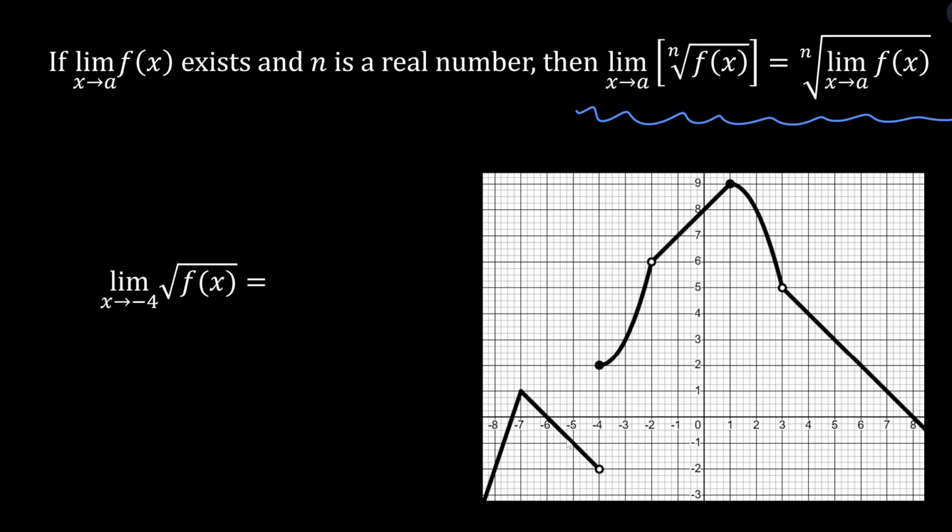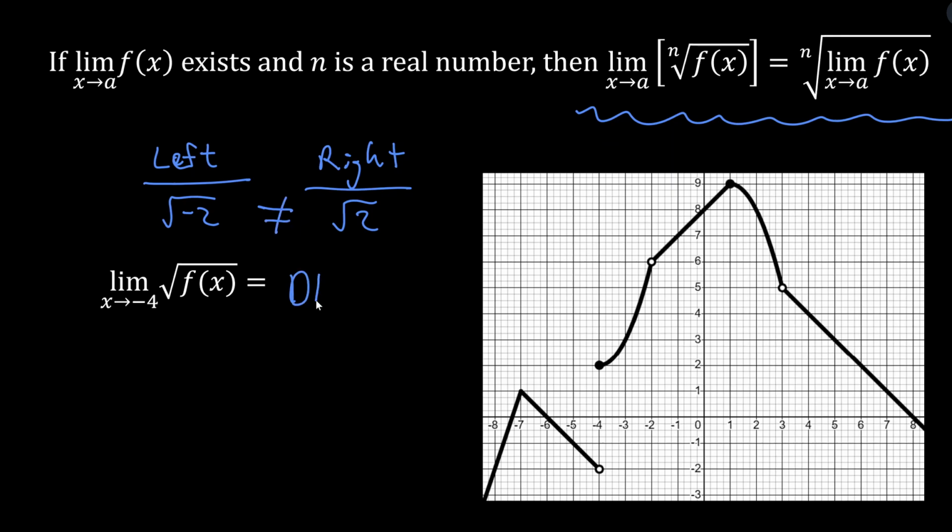And what's happening to the left, it's going to approach the square root of -2, which is a complex number, right? So the left limit and the right limit of this new function are different. The left limit isn't even a real number, right? From the left, we're approaching the square root of -2. And from the right, it's the square root of +2. These are not the same. That's all we need to conclude to say that this limit does not exist.